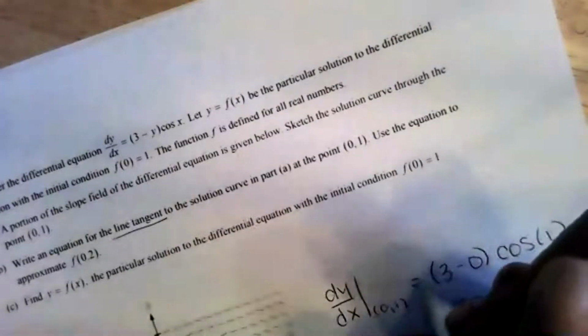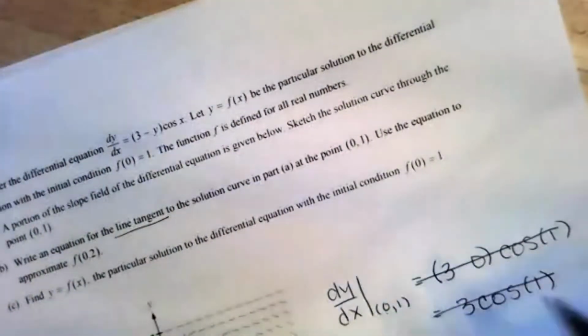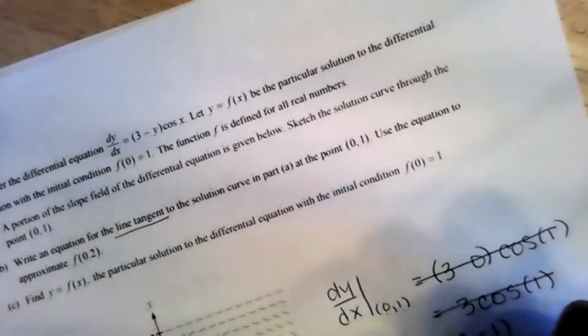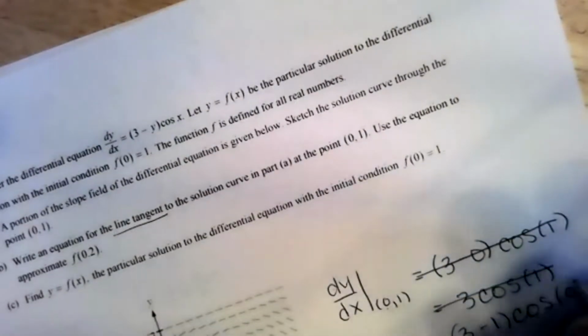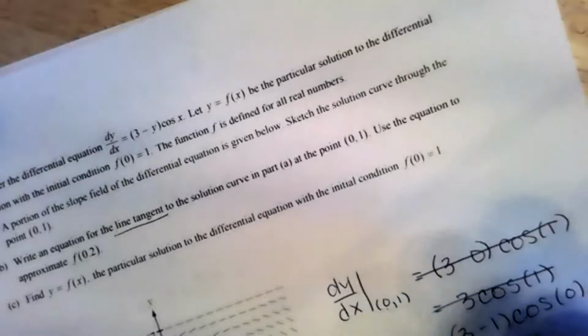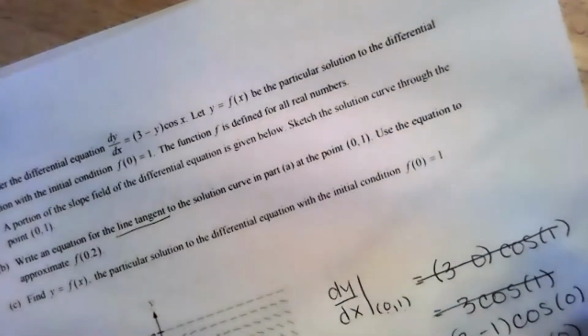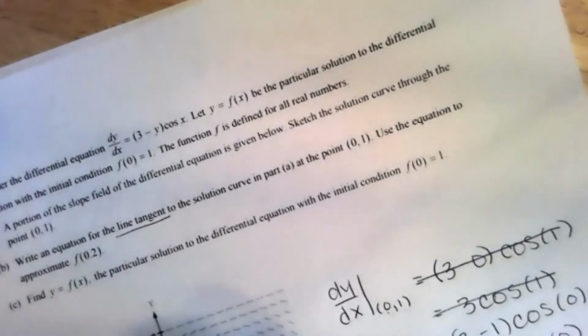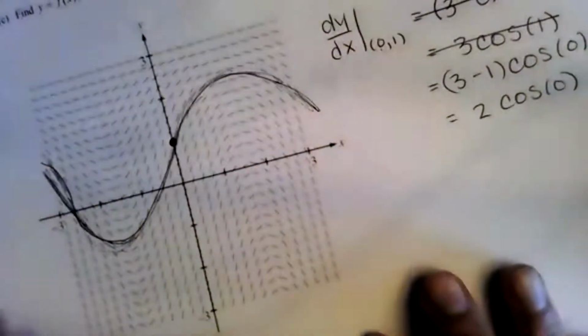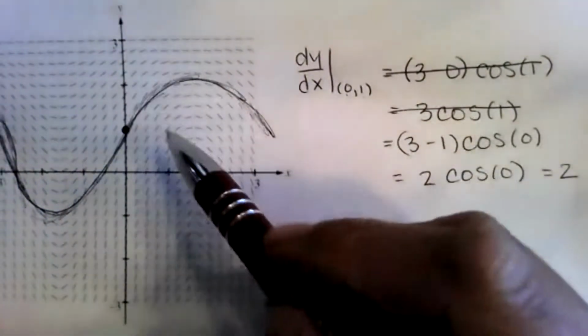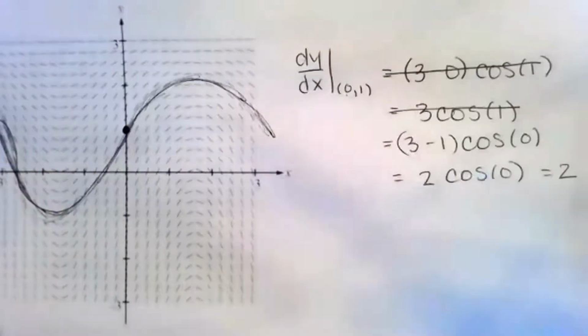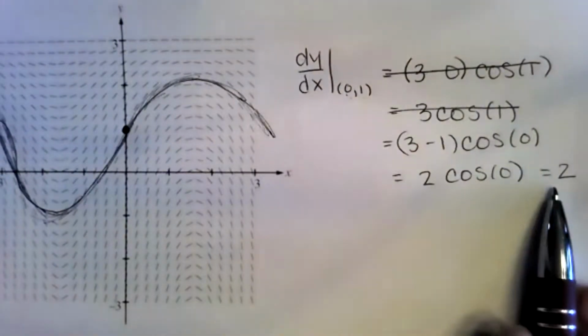Oh man. Sorry, kiddos. 0 is x, 1 is y. Okay, so cosine of 0, well, that is just going to be 1. So you get 2. So the slope at that point is 2, and I can almost see that in this graph. This definitely has a positive slope. It could be 2. So that makes sense logically.